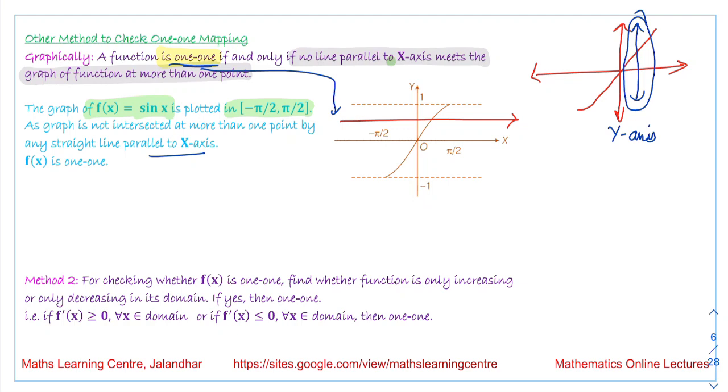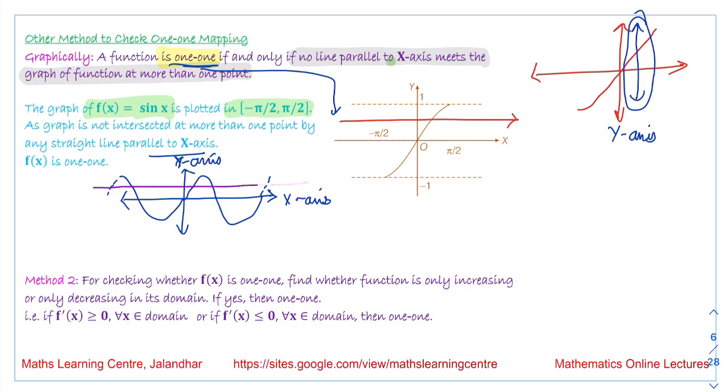Now suppose in place of this, I am drawing the graph of sin x over the whole region. This is our x-axis and this is our y-axis. Now what will happen over here?